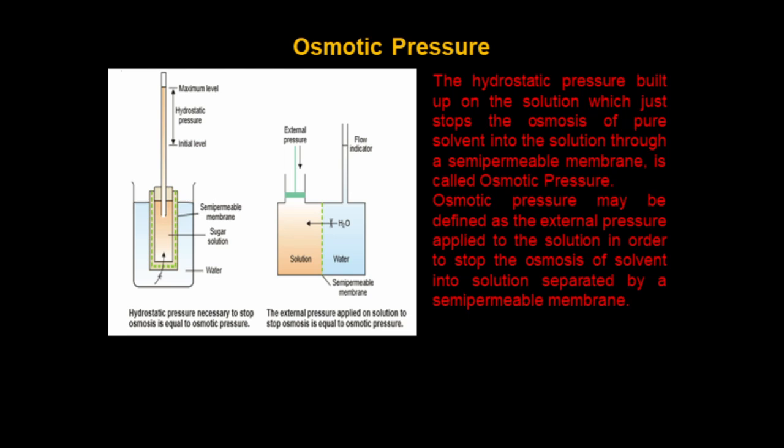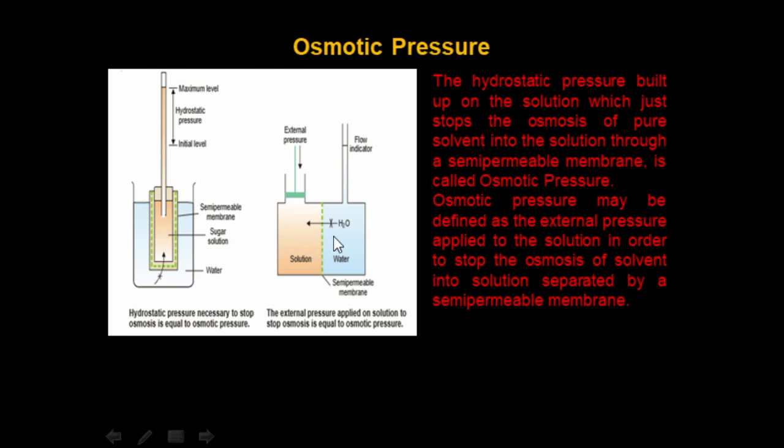Similarly, if you are taking the same setup, the hydrostatic pressure can also be taken as the external pressure. If we apply external pressure, then the osmosis can be stopped. When we apply the external pressure equal to the hydrostatic pressure, then the solvent molecules cannot permeate into the solution side.